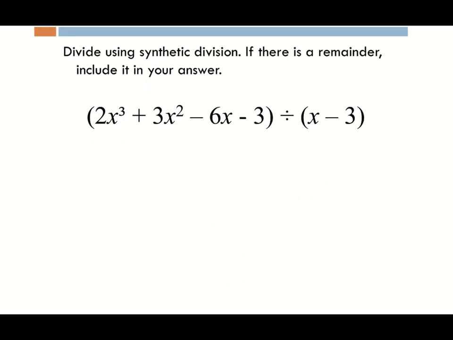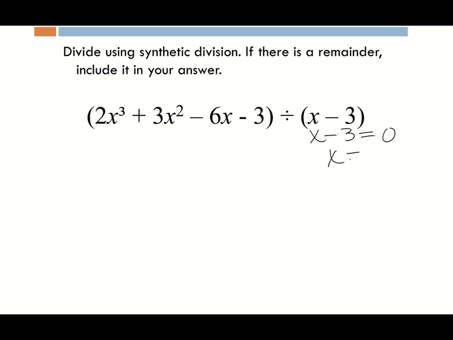And here we have our last example that we're going to divide using synthetic division. We have 2x cubed plus 3x squared minus 6x minus 3, and we're dividing by x minus 3. So it's a linear binomial, so we're good to use synthetic division. We need to figure out what our x is, and we do that by setting x minus 3 equal to 0.